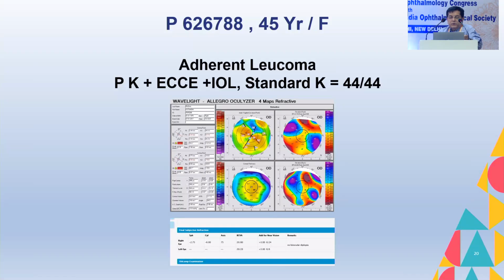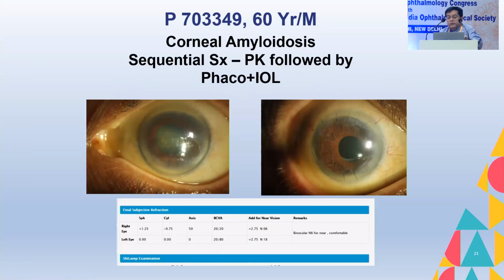In this particular patient, he had an adherent leucoma and a PK, ECCE plus IOL, a triple procedure, was done, and as you can see the refractive outcome was minus 3 sphere and minus 6 cylinder. Compare this scenario to this particular patient where I did a PK first because it was a soft cataract.